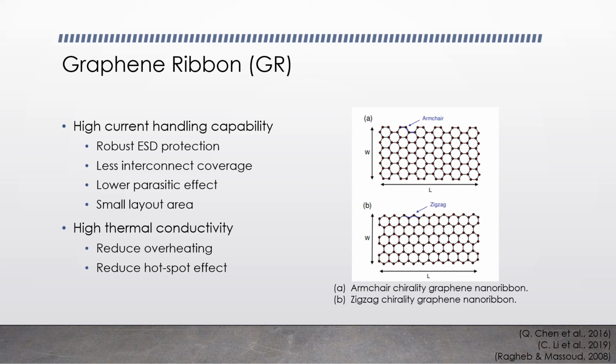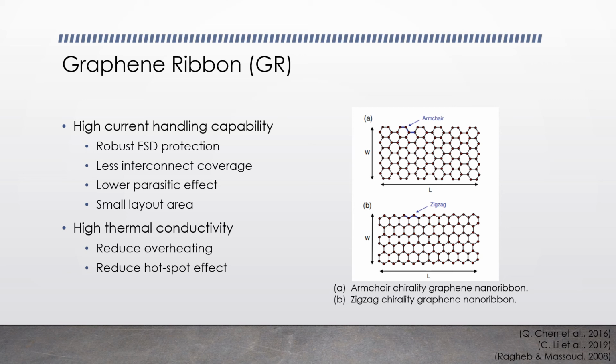For ESD protection, a high thermal conductivity means much reduced overheating under ESD stressing. In addition, graphene film may be used as a heat spreader around an ESD protection structure to rapidly spread out the ESD-induced heat, thereby greatly reducing the possibility of ESD-induced hotspot effect, which is the root cause for ESD thermal failure because silicon is poor in thermal conduction.